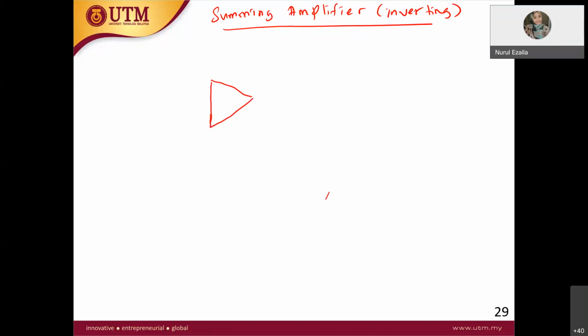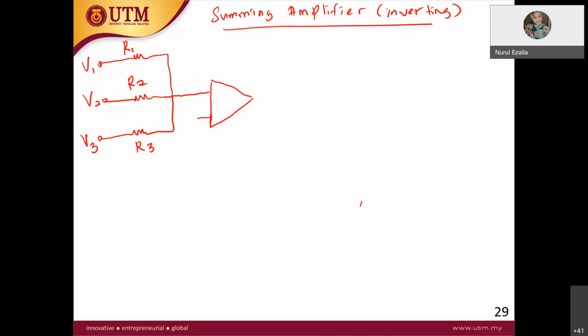So you have your input here. Let's make the input only 3: V2 with R2, and then you have V3. The other one is V1 with R1. And the ground, plus, minus.